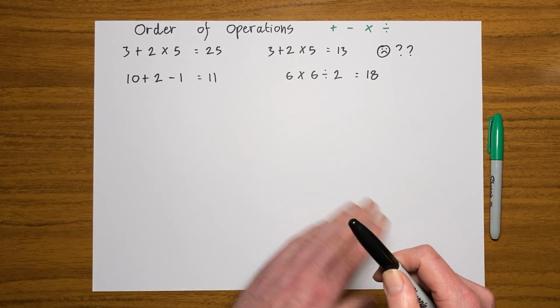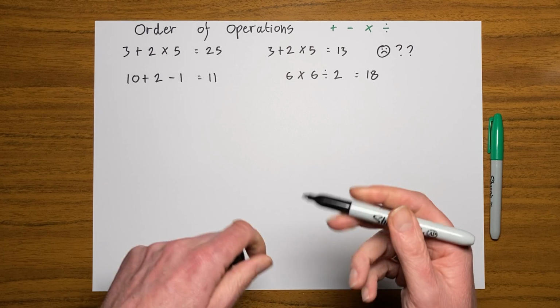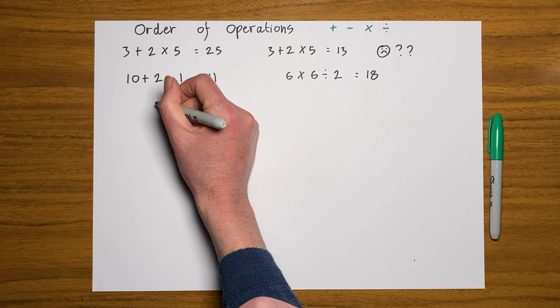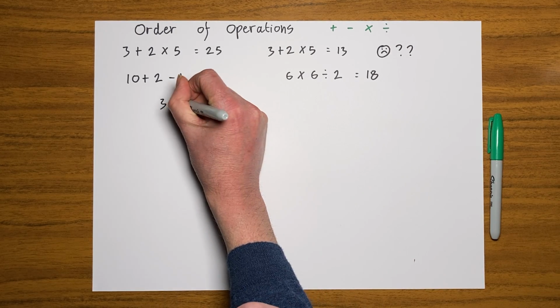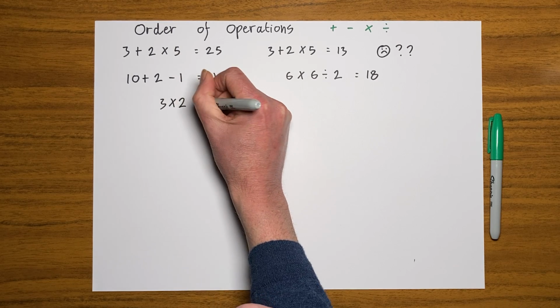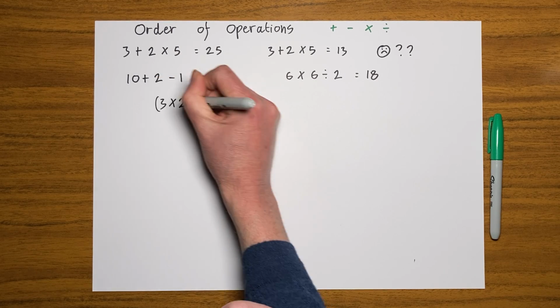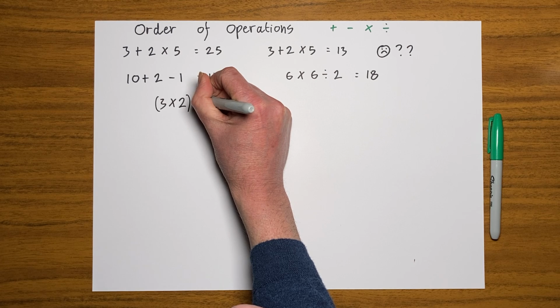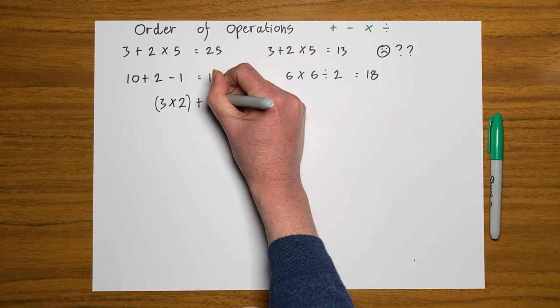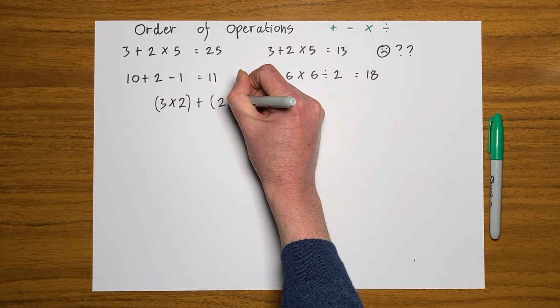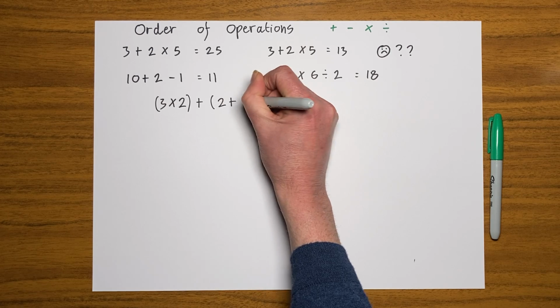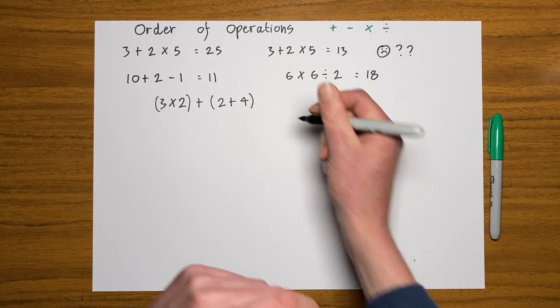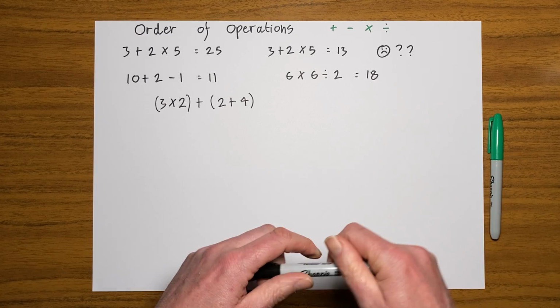Well, what we do is, if we have a calculation like this, let's do this. So I'm going to do 3 times 2, and I'm going to put brackets in it, and I'm going to add and put some other brackets to add 4. Well, the first thing I'm going to do is I always do the brackets first.